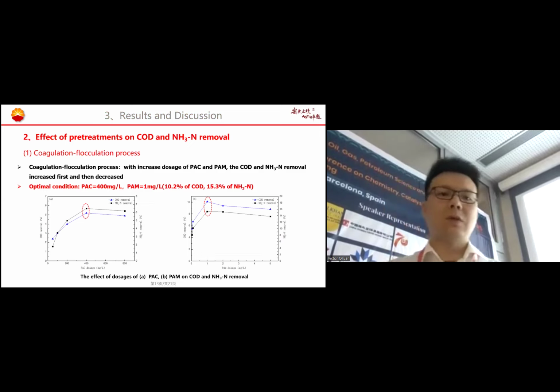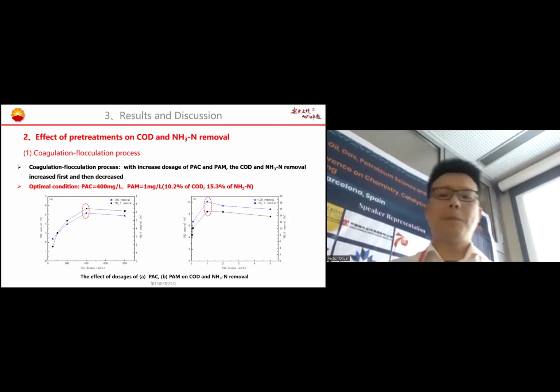The results of the process show that with increased dosage of PAC and PAM, the COD and ammonium nitrogen removal increased first and then decreased. The optimal condition is the PAC is 400 milligram per liter, the PAM is 1 milligram per liter.